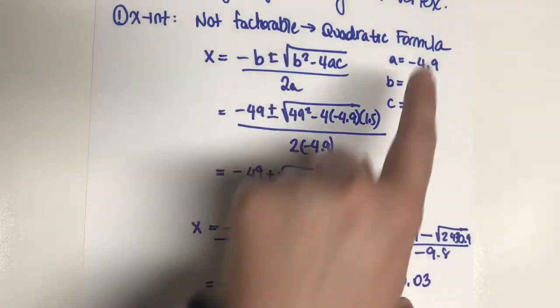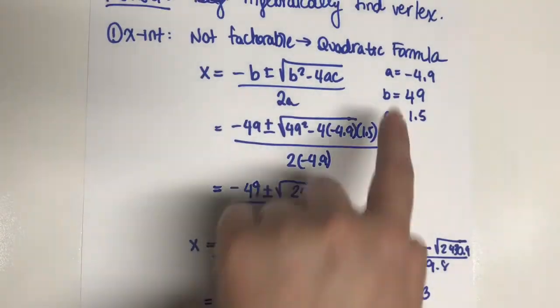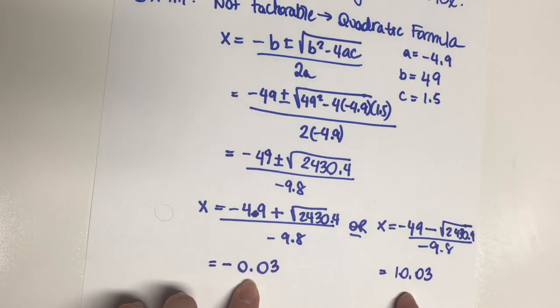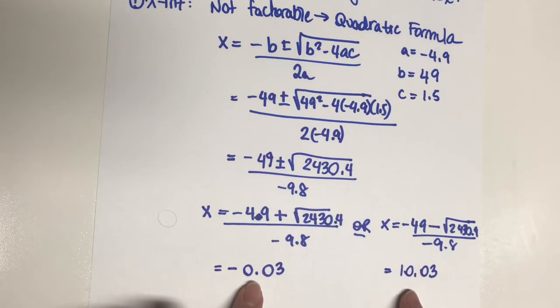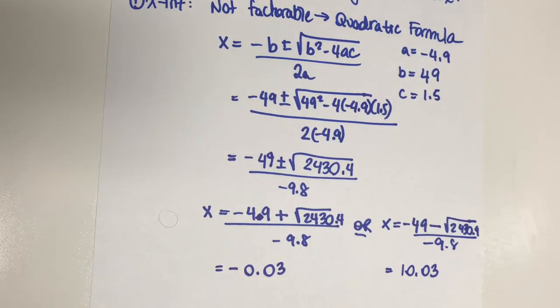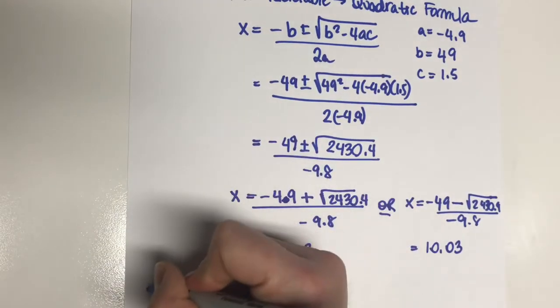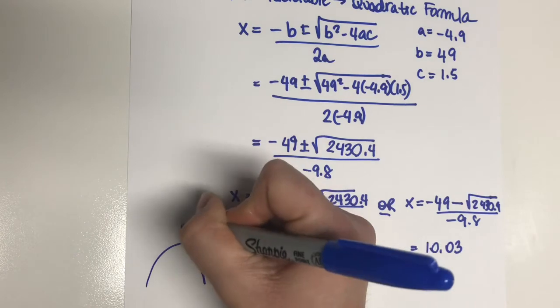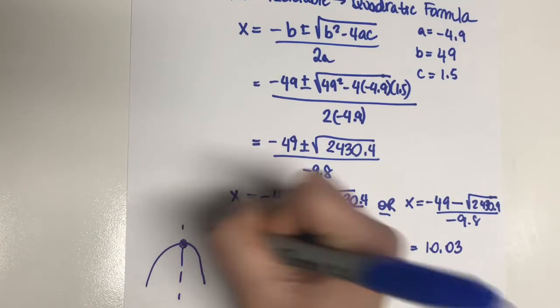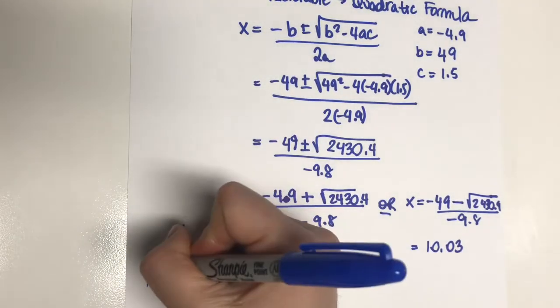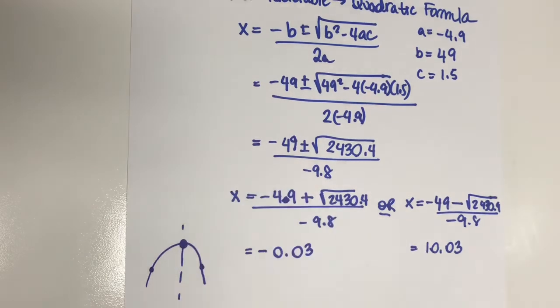I still don't have the vertex. That's what I'm looking for, the vertex. So what I can do is use the x-intercepts to find the axis of symmetry, because I know that the vertex is going to lie on the axis of symmetry. These are my x-intercepts, so I know that this is going to lie in the middle.